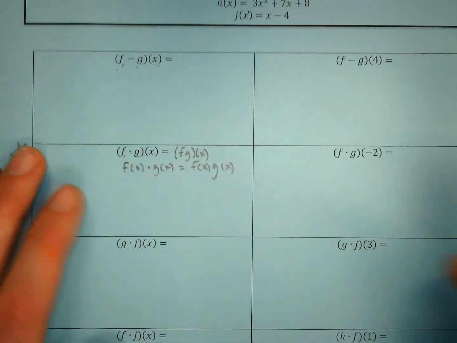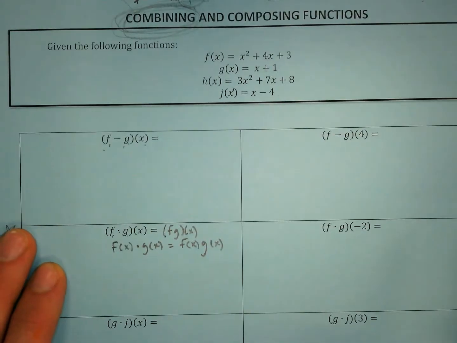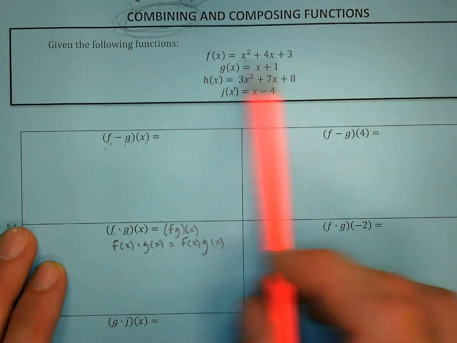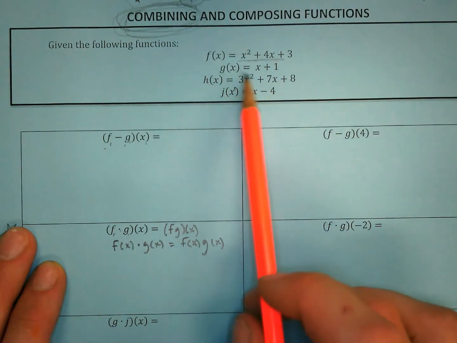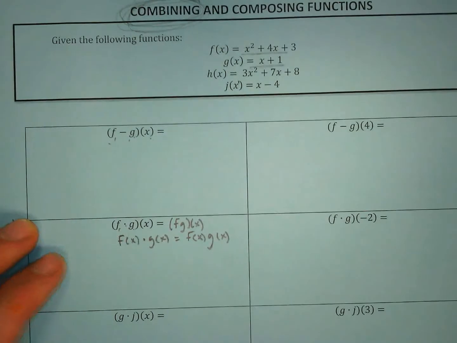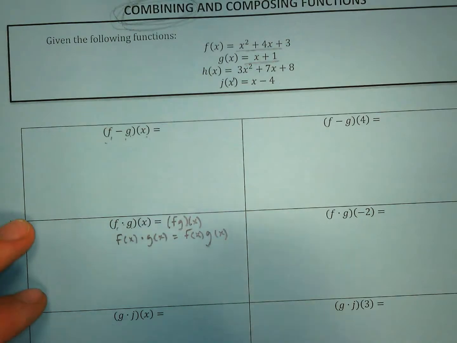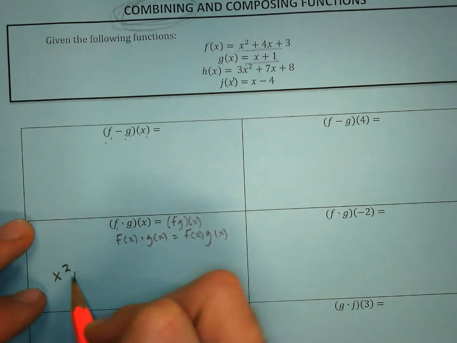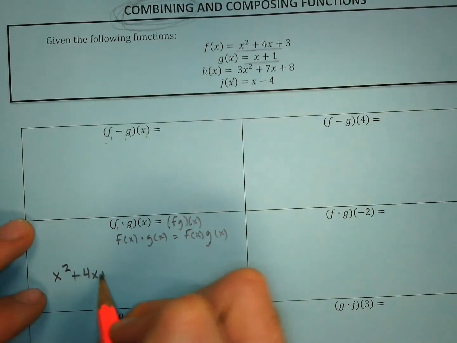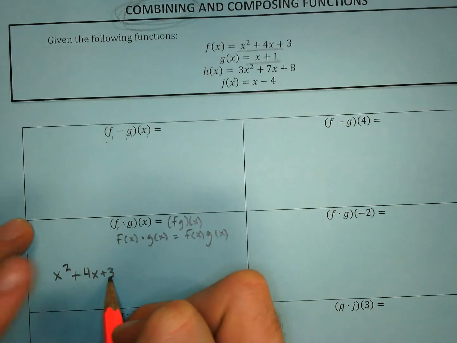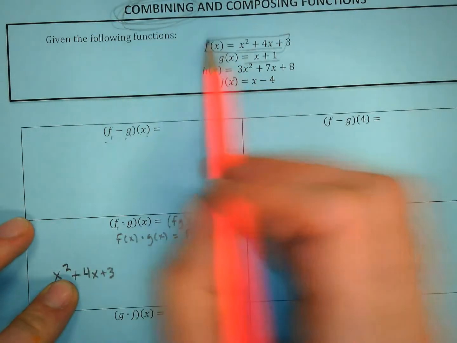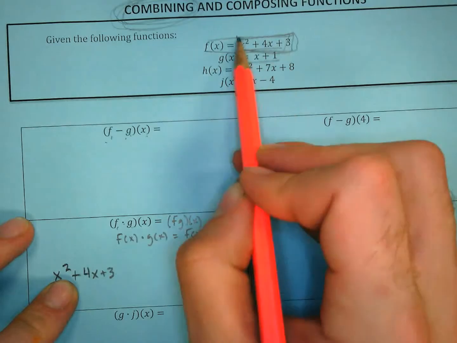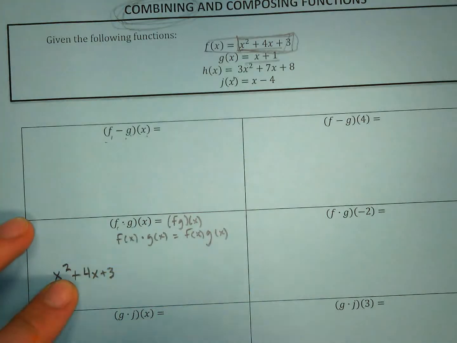Let's look. We got our function bank up here. Let f(x) be this stuff. Let g(x) be this stuff. f(x) is going to be x squared plus 4x plus 3. I'm getting this from up here, and I'm only using the expression part, the algebraic part.